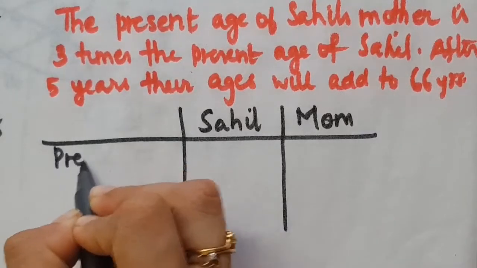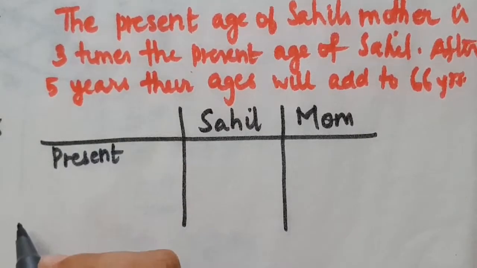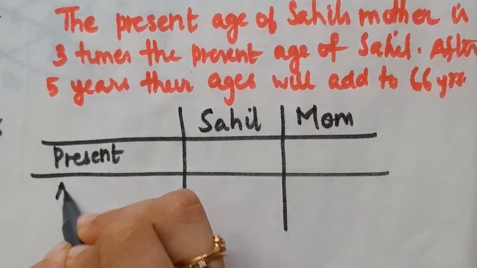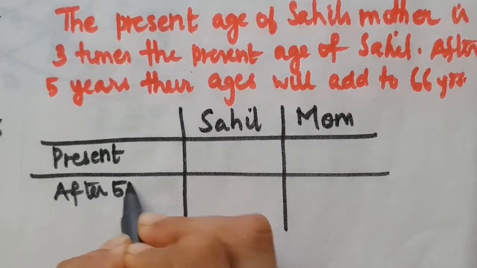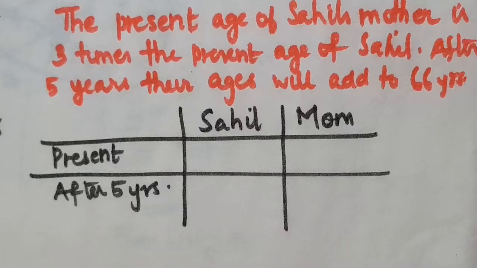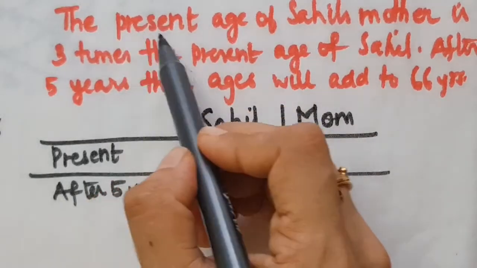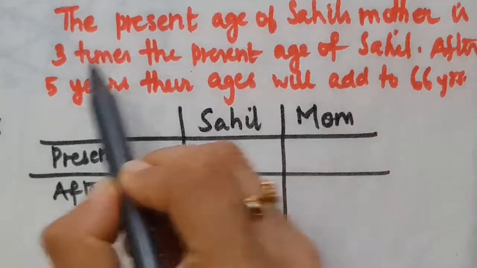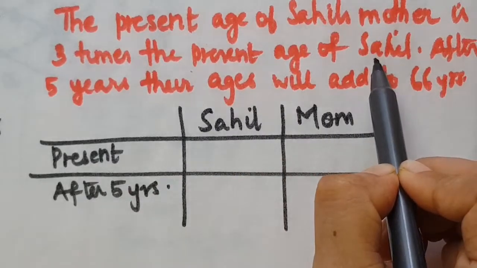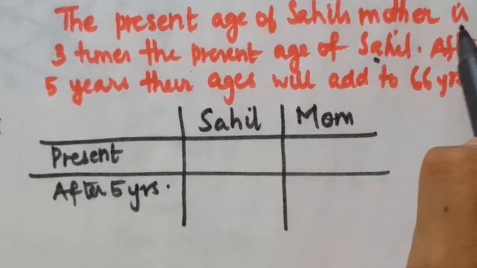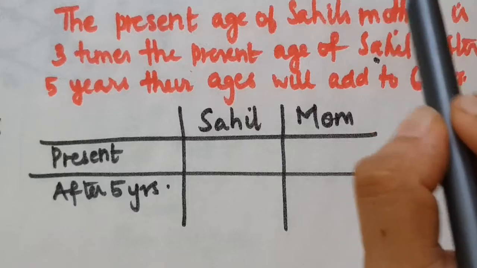Then their present ages, and after 5 years, according to the question. It is said the present age of Sahil's mother is 3 times the present age of Sahil. 3 times, that is 3 multiplied.